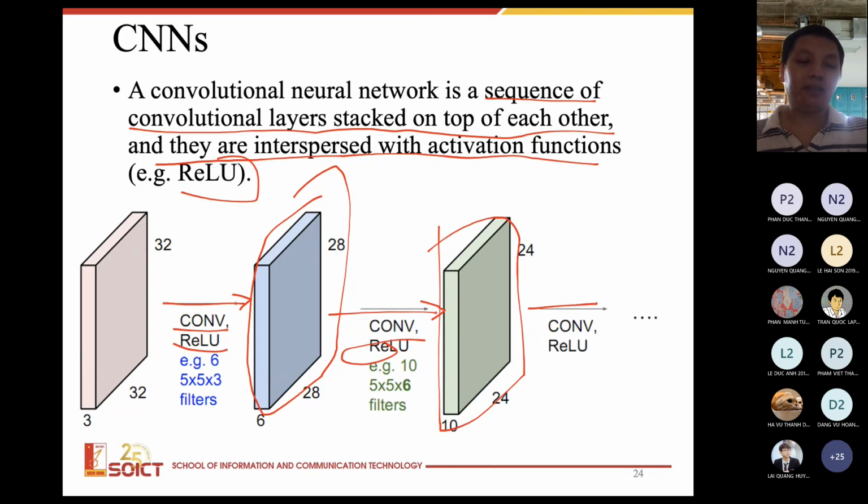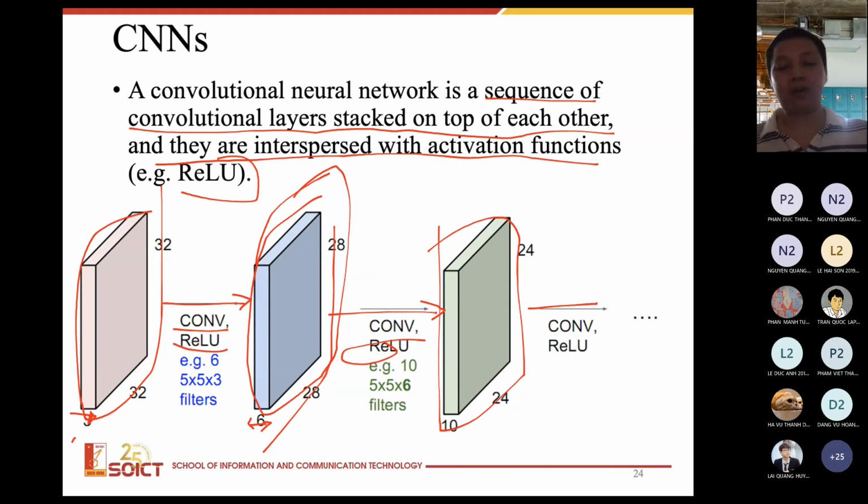Actually, it means the same thing. Here you can say that the initial input has 3 channels, or the depth dimension is 3, and here the image is 28 by 28 and the depth is 6, and you can also say it has 6 channels. So it means the same thing. I'm not talking about the depth of the network.